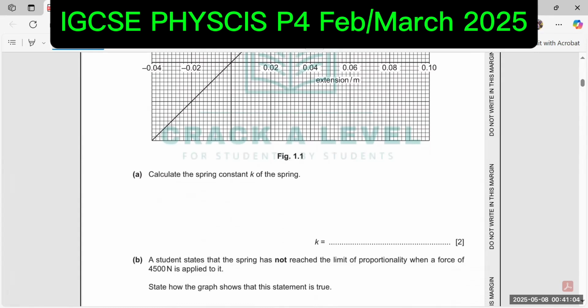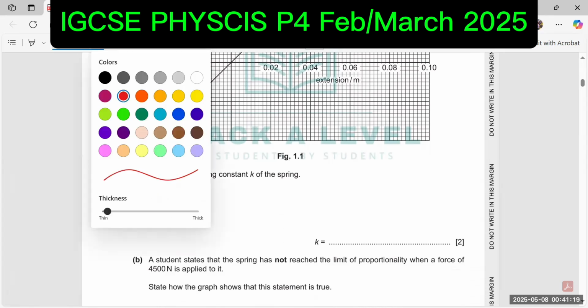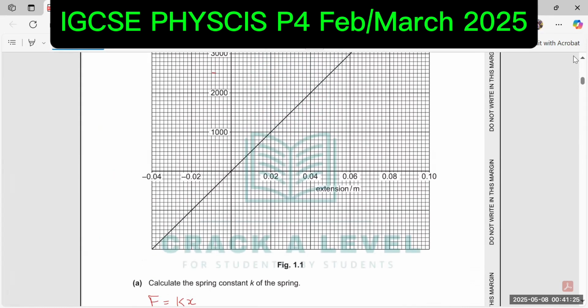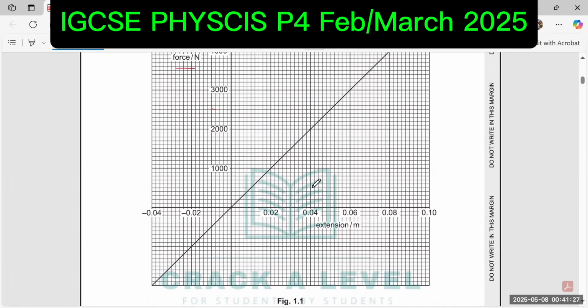So we know that force is equal to kx, spring constant times extension. If you want to find k, that will be equal to force over extension. We can see that the line is straight, so the gradient is constant. At any point you can find the gradient, and you will get the same answer.